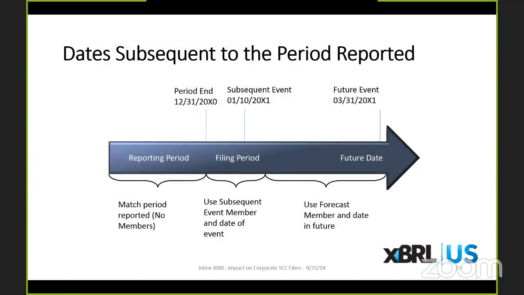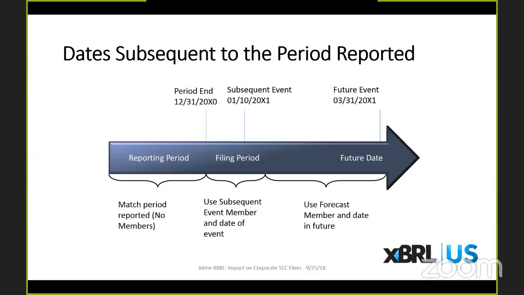And then here's some more guidance around context dates. Once again, not new, but making sure that you're following that. So in the normal period, you wouldn't have members that relate to that date. But if you have a period that's subsequent to the filing period, you would use a subsequent event member. And Joe mentioned dimensions.